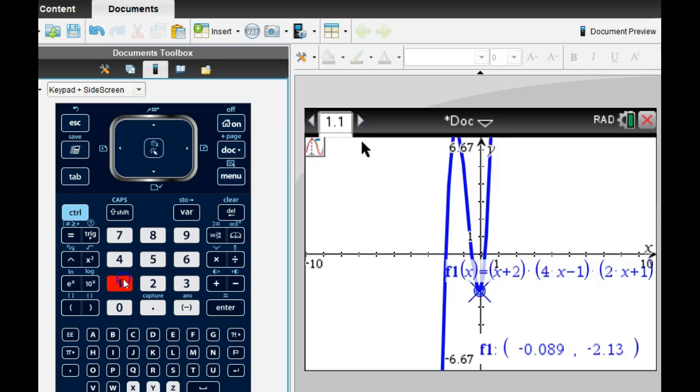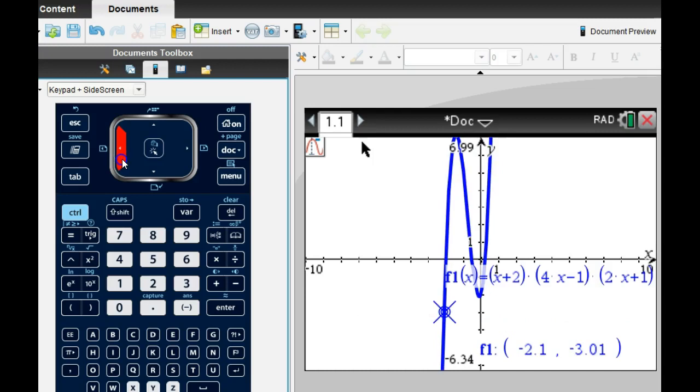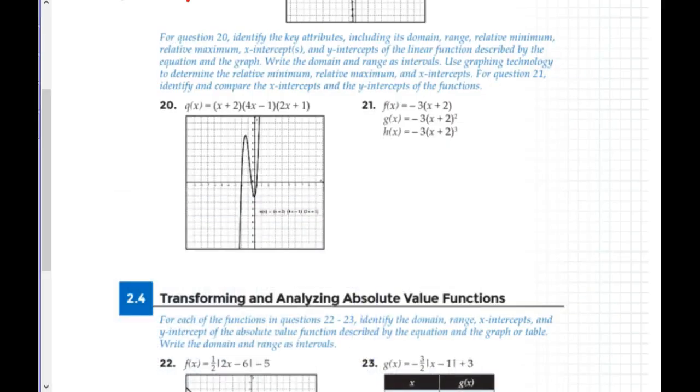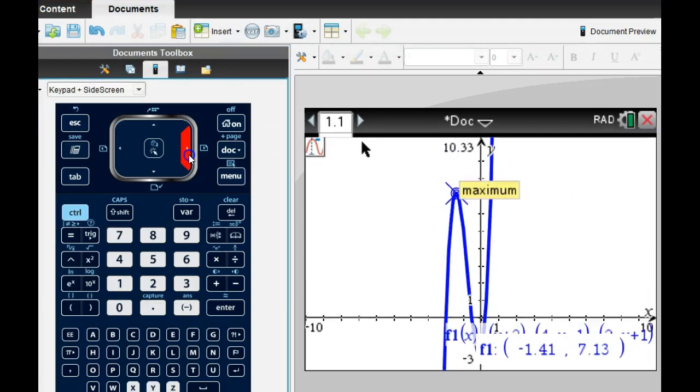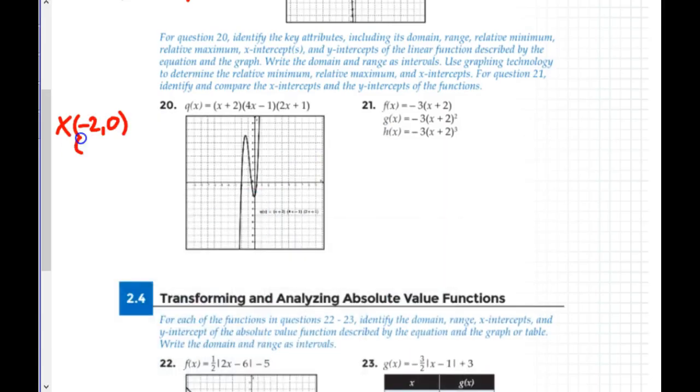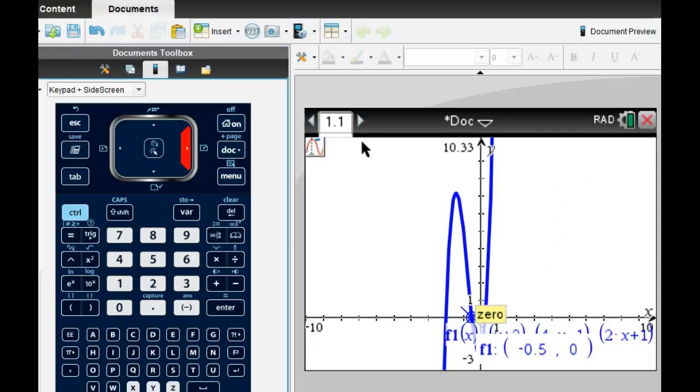Let's do menu 5, 1. Let's go all the way to the left to get to the first thing we need. So the first zero is (-2, 0). And the next one, (-0.5, 0), and then (0.25, 0).